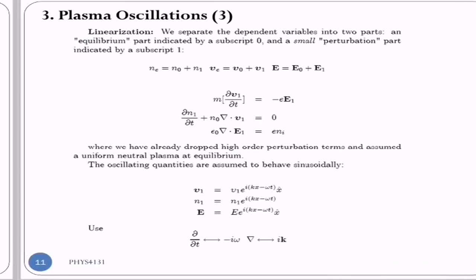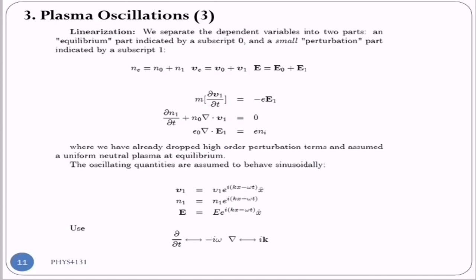We separate the dependent variables into two parts, an equilibrium part indicated by a subscript 0 and a small perturbation part indicated by a subscript 1. Therefore, n_e will be equal to n_0 plus n_1, v_e is equal to v_0 plus v_1, E is equal to E_0 plus E_1.